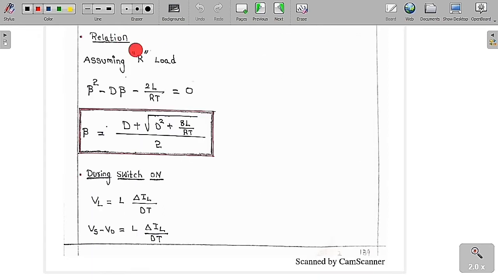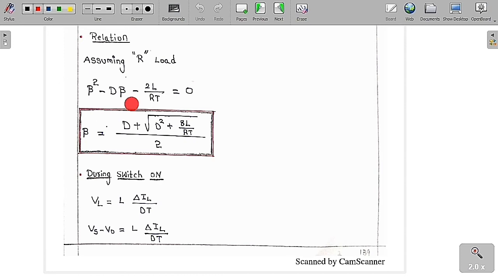Suppose I assume the load is purely resistive. Then I am going to get a relation: beta square minus d beta minus 2L by RT is equal to 0.